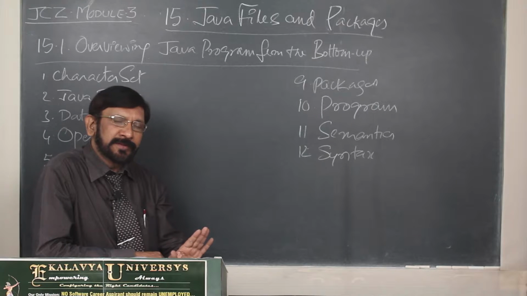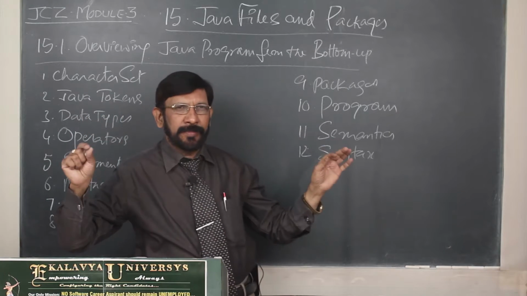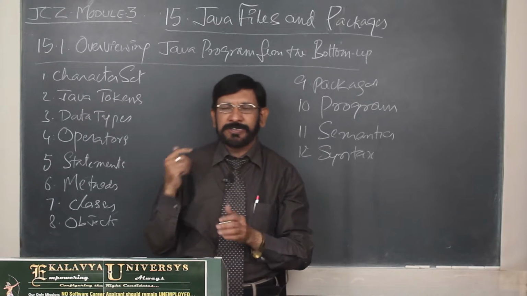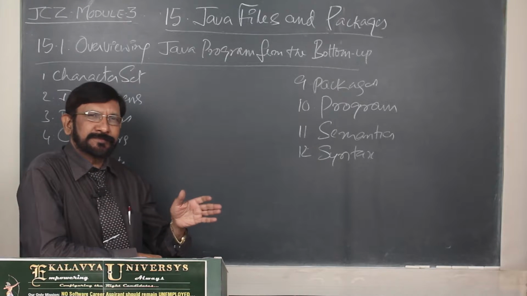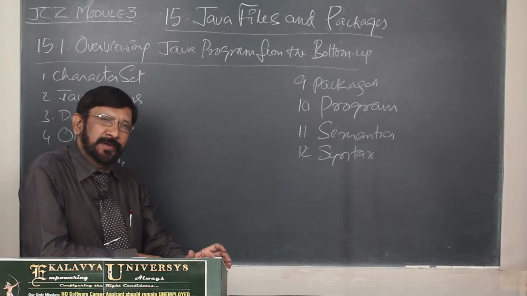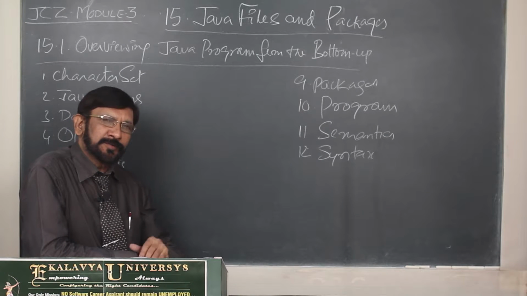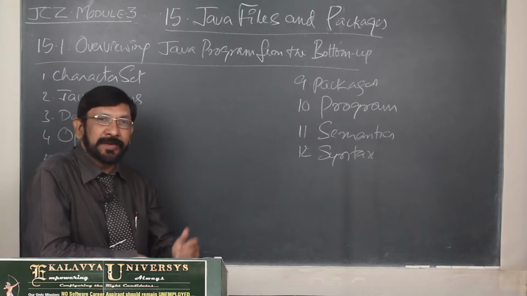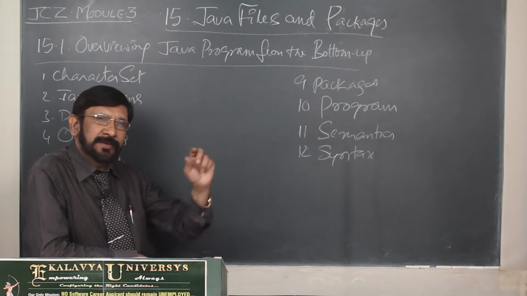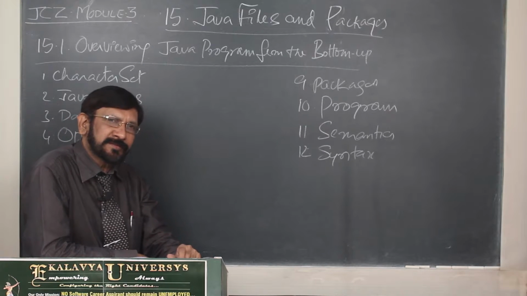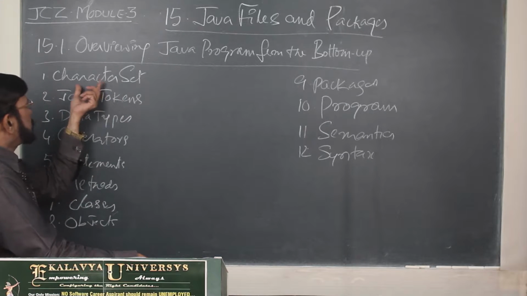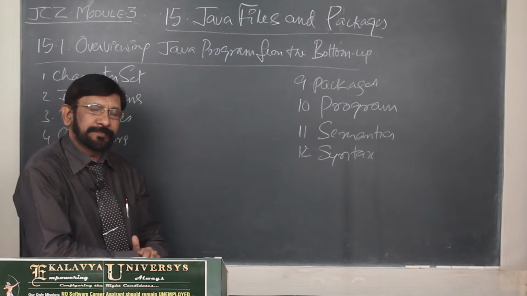That is the major difference. Because of these 16 bits, it can cover all the world languages. Totally 65,535 characters can be created, whereas it is limited to 128 in the ASCII character set.